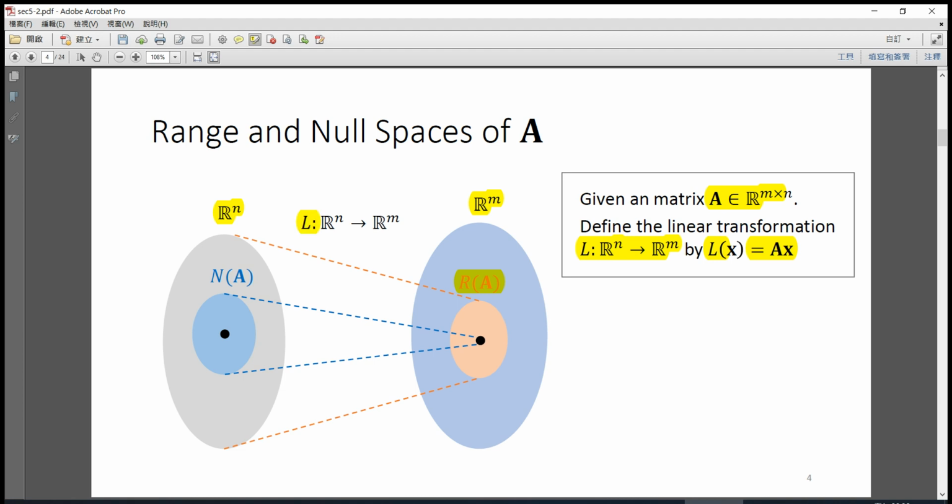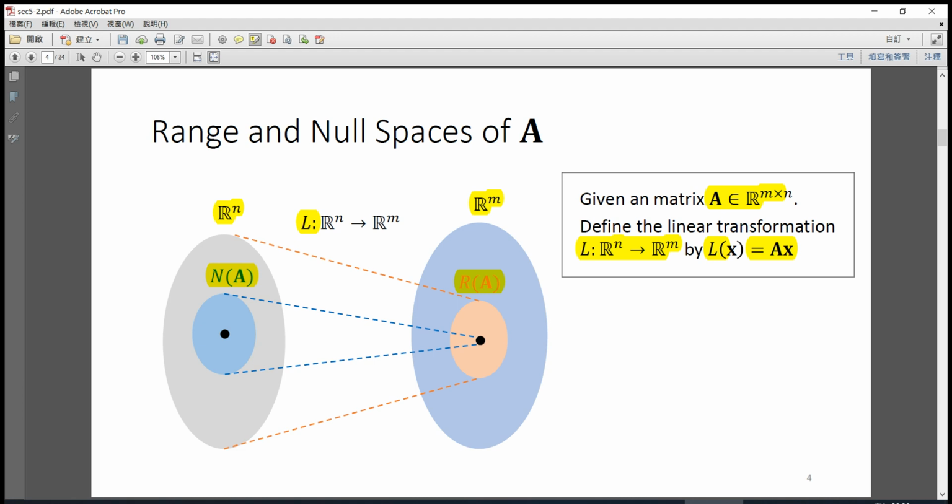And we also revisit the definition of the null space of A. The null space of A is the collection of all vectors in R^n such that Ax equals the zero vector in R^m, and thus every vector in N(A), the null space of A, will be mapped to the zero vector in R^m.